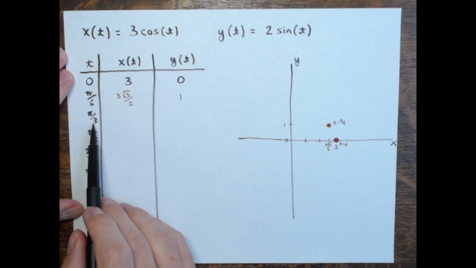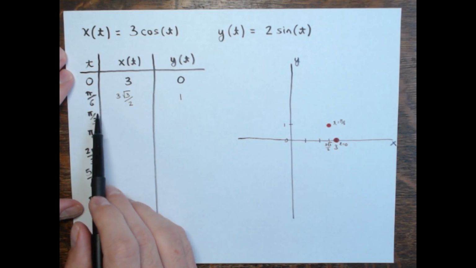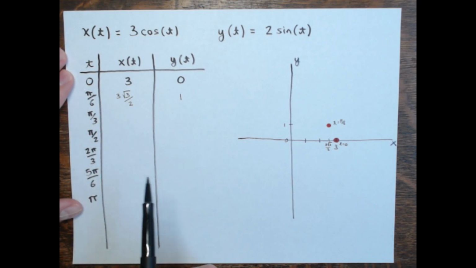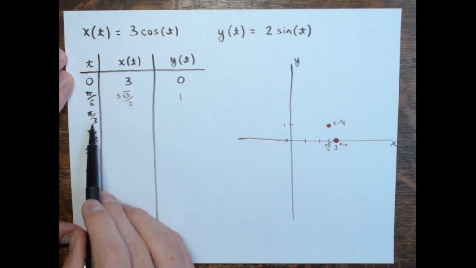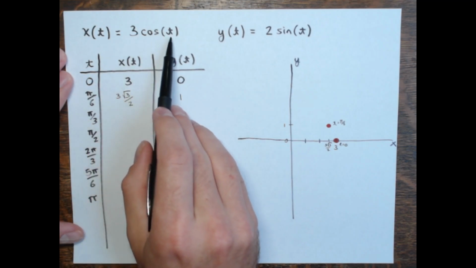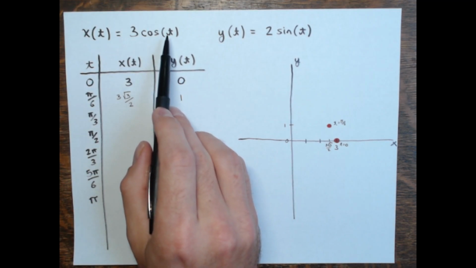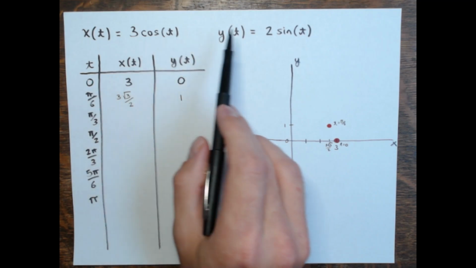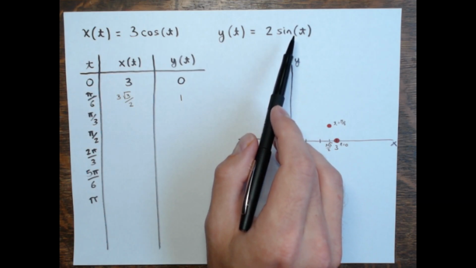Now, typically you'd throw in pi over 4 next, but it went every pi over 6. I'm just going to do the values that they have on the table for us. So for pi over 3, it's kind of the other way around, where the cosine of pi over 3 was a half, and the sine of pi over 3 was the square root of 3 over 2.